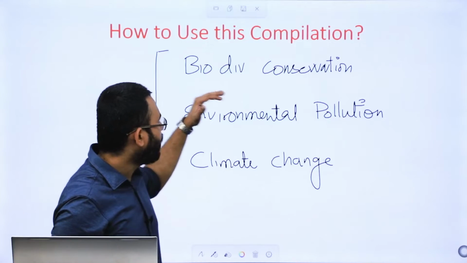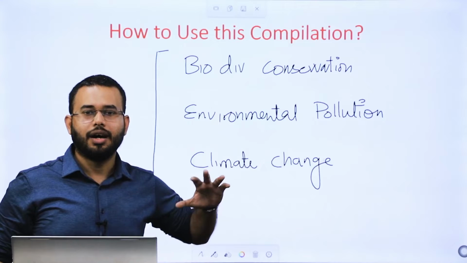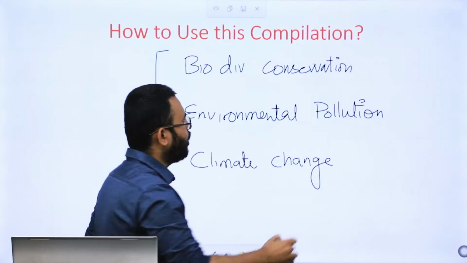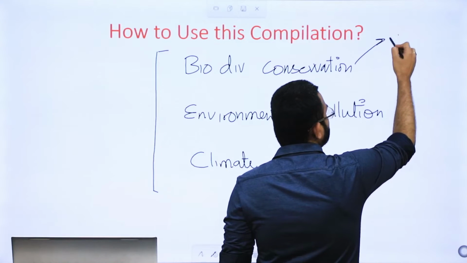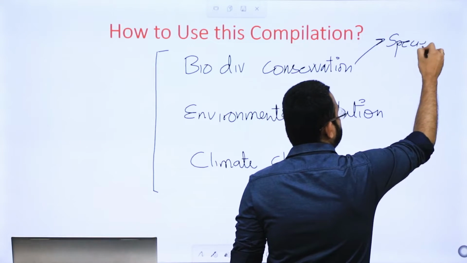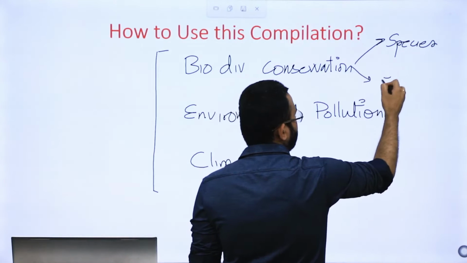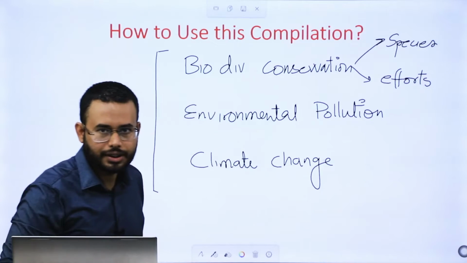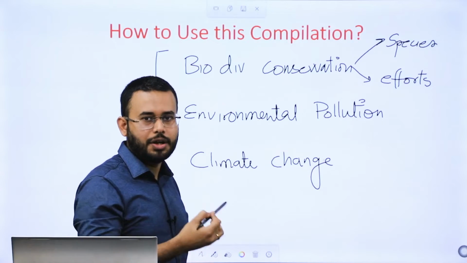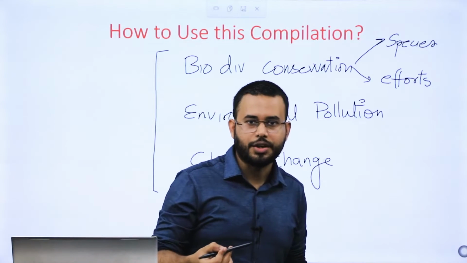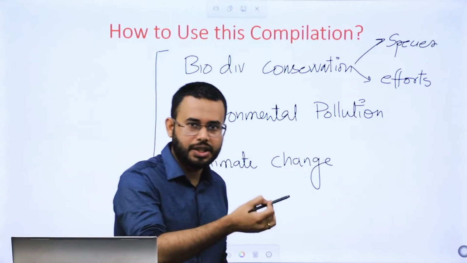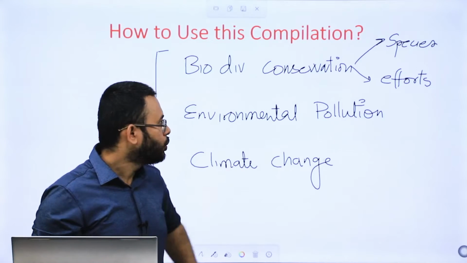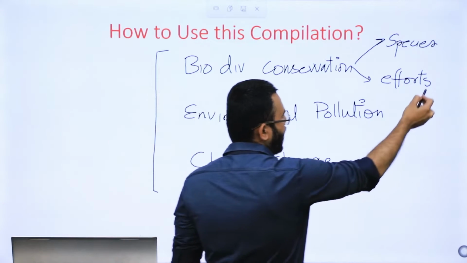Now when we say biodiversity conservation, it is a large scale, right? A lot of topics come under this, but the majority of them can be the species and the efforts, as in the conservation efforts that can happen in terms of national parks, wildlife sanctuaries, national legislation and policies, international conventions, agreements, protocols, etc. So all of them come under the efforts part.